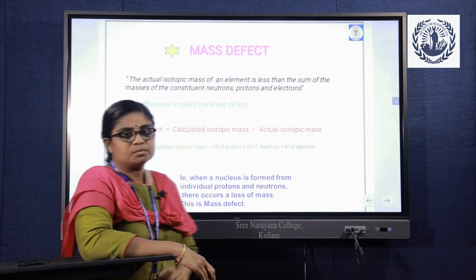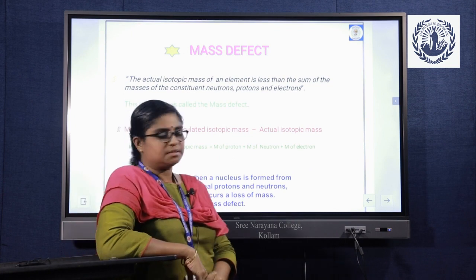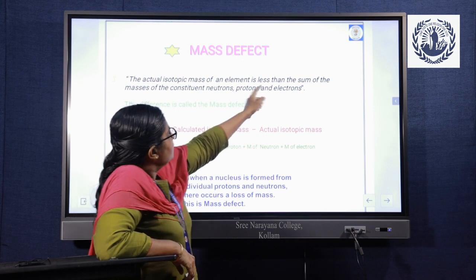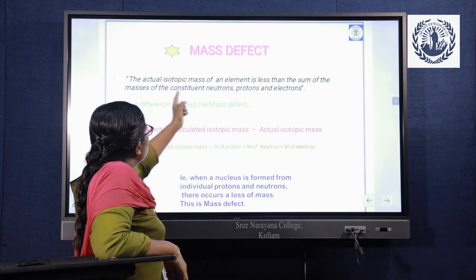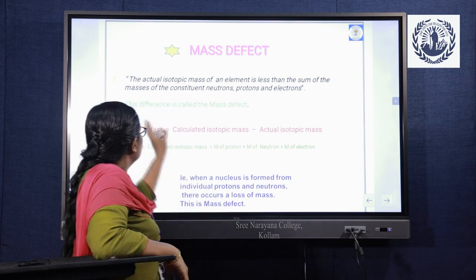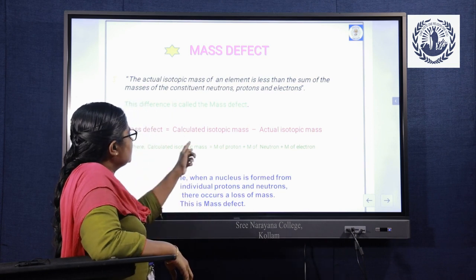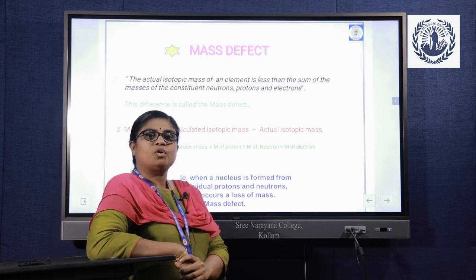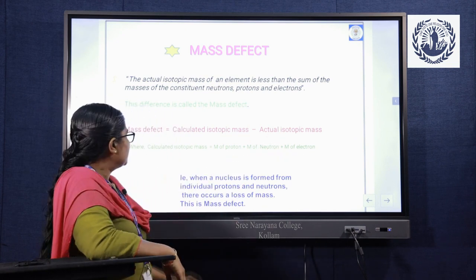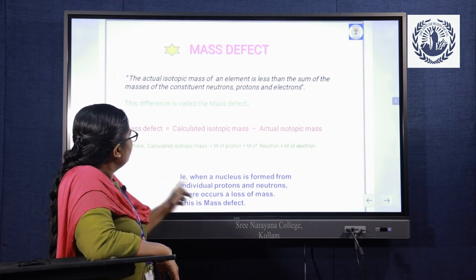Now, coming to mass defect. What is meant by mass defect? The actual isotopic mass of an element is less than the sum of the masses of its constituent neutrons, protons and electrons. This difference is called the mass defect. Mass defect is equal to calculated isotopic mass minus actual isotopic mass. What is meant by calculated isotopic mass?